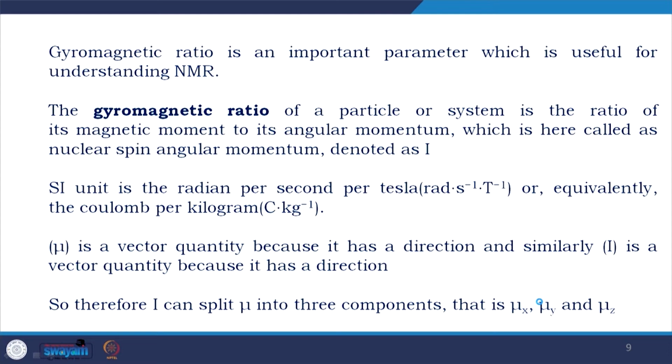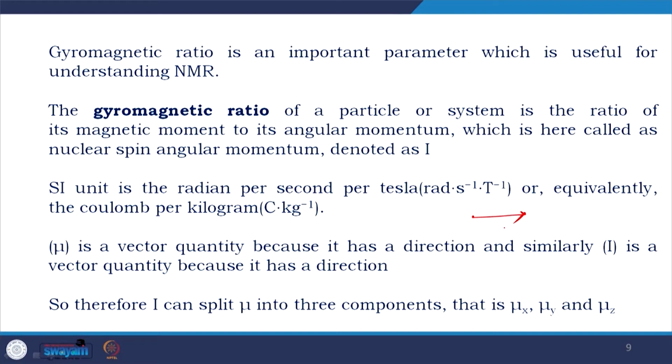Mu is a vector quantity because it has a direction, and similarly I is a vector quantity because it has a direction. So, both mu and I have direction. Because mu has a direction, it is a vector. So, what could you do?